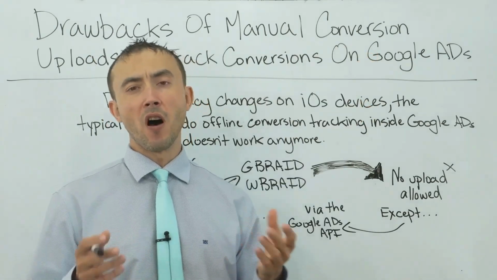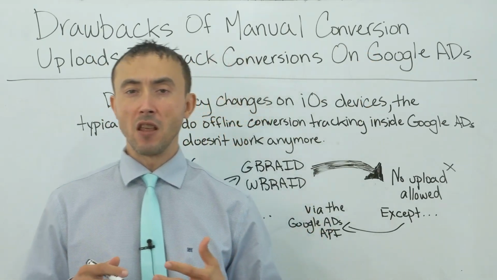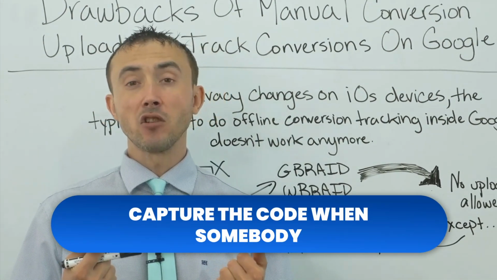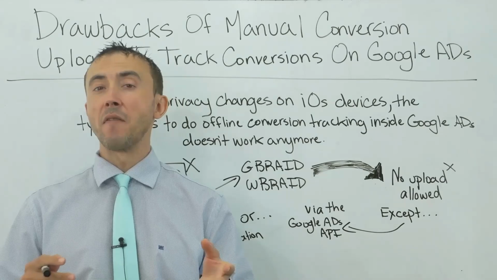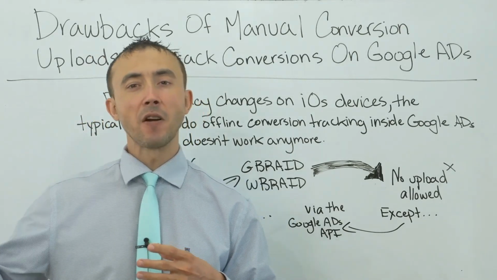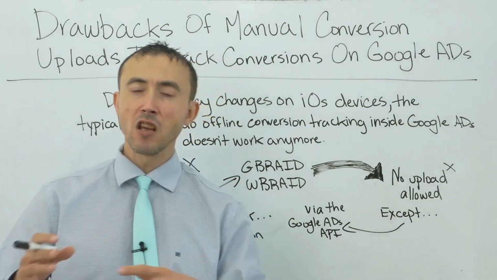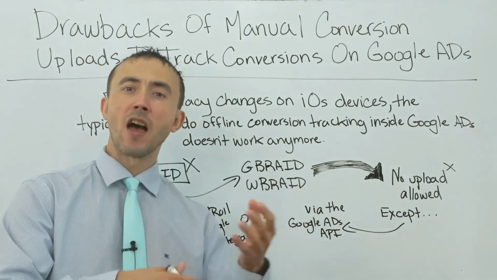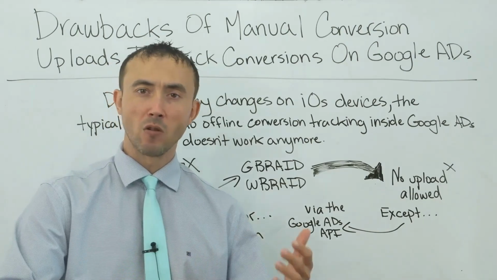What you did in the past with offline conversion tracking was simply capture that code when somebody initially called in or filled out the form, whatever. The initial call is where you were able to capture the Google Click ID, which is what Google calls that serial number.